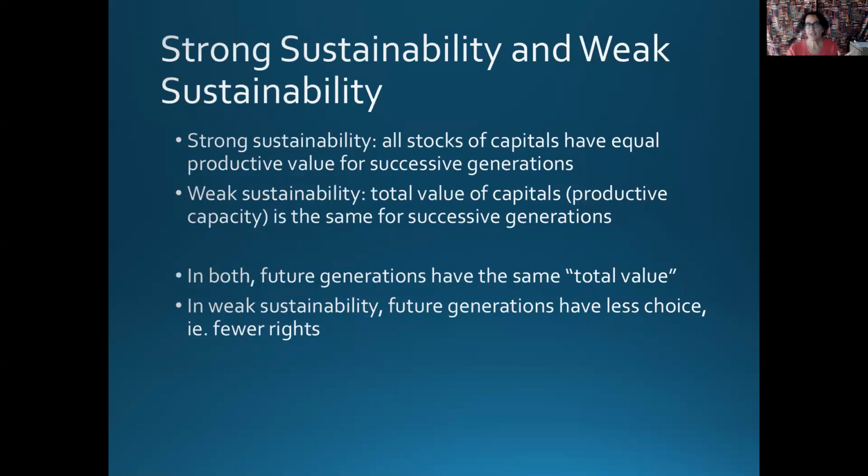So we're not going to continue substituting, say, when we use up the cod stock, we're going to substitute whitefish, then tilapia, and eventually grains, soylent green. Weak sustainability is that process of substitution, so that the total value of the capitals, the productive capacity of our economy, is the same for successive generations, no matter what the particular protein source is.